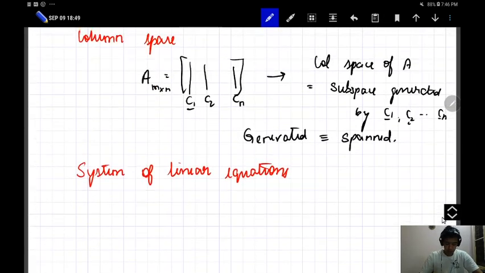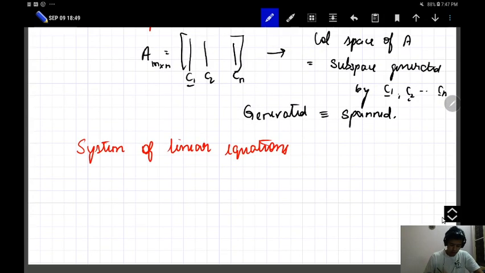Okay, so what does this mean? What does the column space have to say about a system of linear equations? In general, a system of linear equations can be given by Ax equal to b, and a solution exists only if there exists an assignment x such that Ax is equal to b.